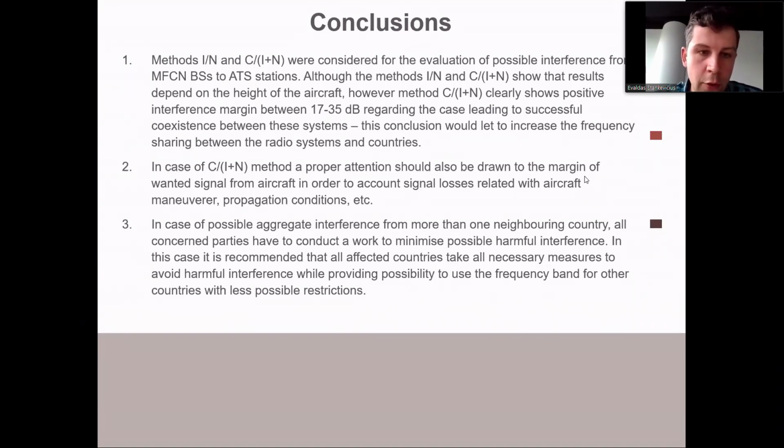The main result of this study is that if we use more correct approaches with more precise interference criteria, we can achieve a positive interference margin between 17 and 35 dBs. And anyone working in the radiocommunication area knows that this is a beneficial, major change in electromagnetic compatibility.